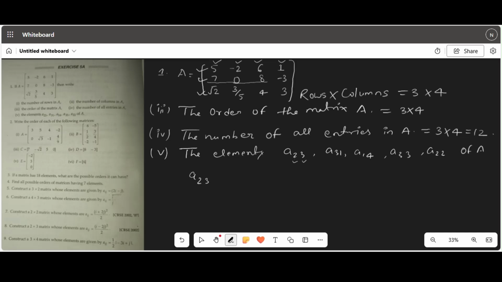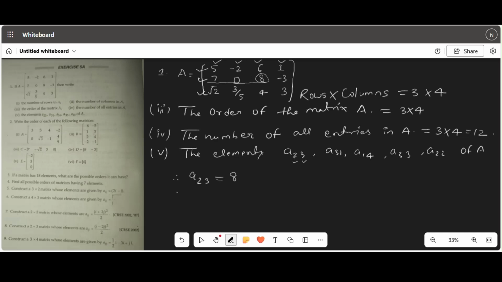So the element in second row and third column will be 8. So we can write A23 equal to 8.